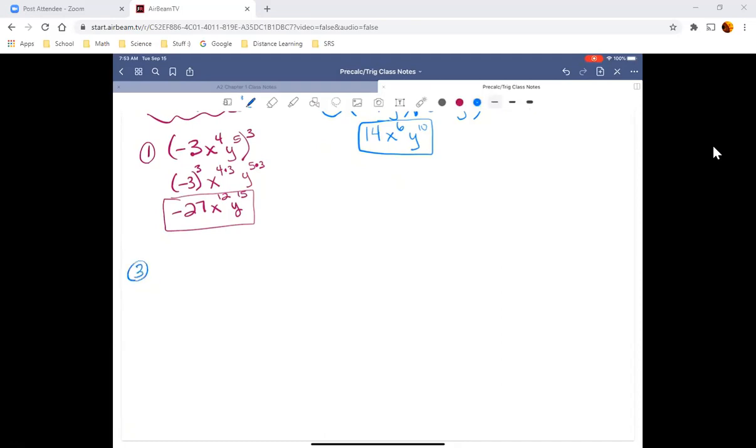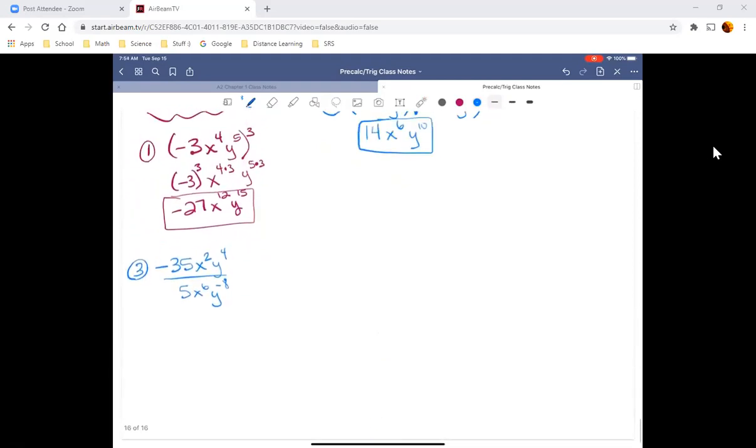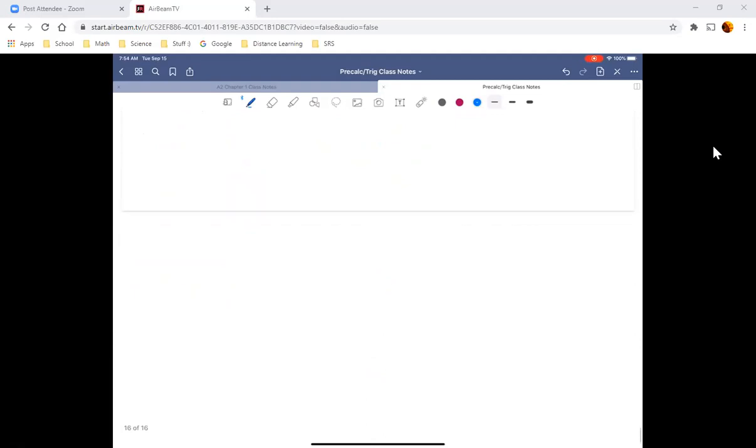What if we had -35 x squared y to the 4th divided by 5 x to the 6th y to the -8?